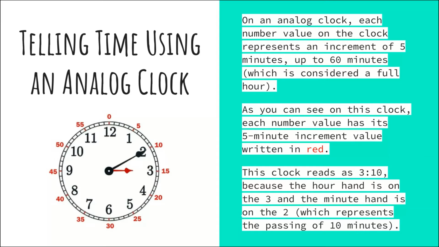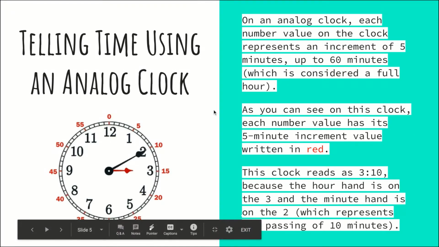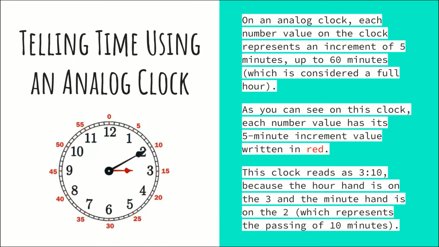On an analog clock, each number value on the clock, as before, represents an increment or value of 5 minutes, up to 60 minutes, which is considered one full hour. As you can see on this clock right here, each number value has its 5-minute increment written in red.